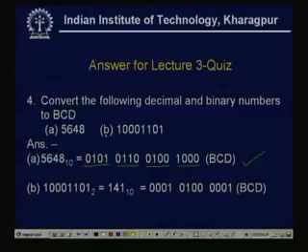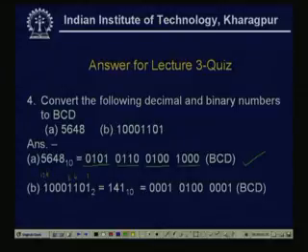Now, part B is a binary number, which is given as 100001101. What is the decimal equivalent of this? The place values are 1, 2, 4, 8, 16, 0 into 32, 0 into 64, and 1 into 128.